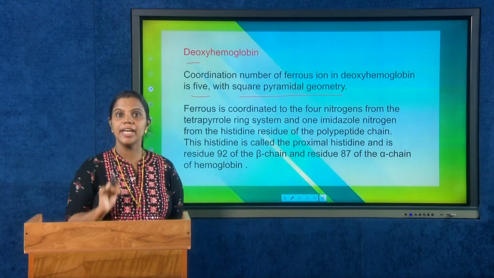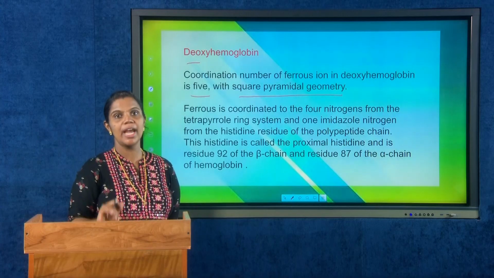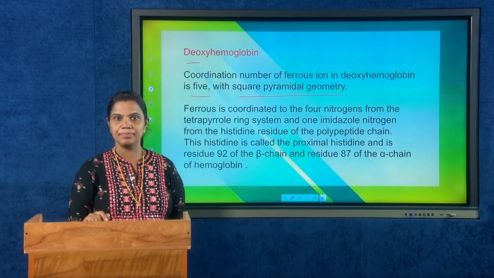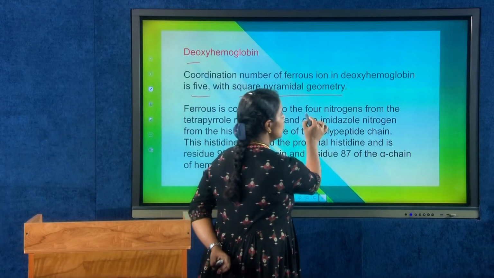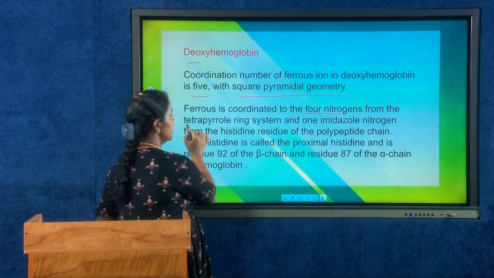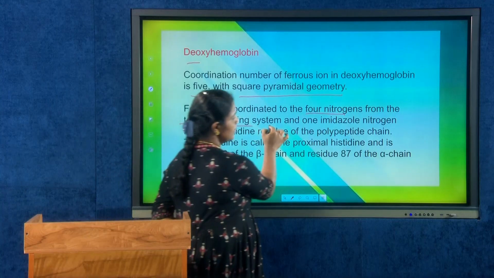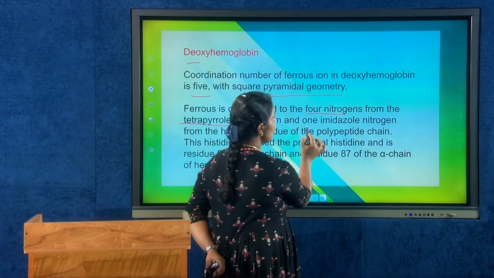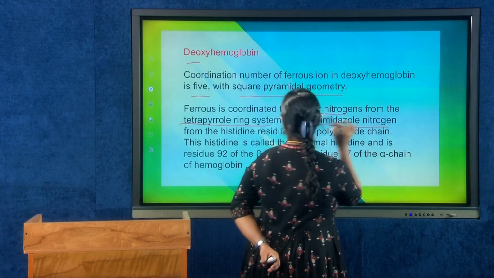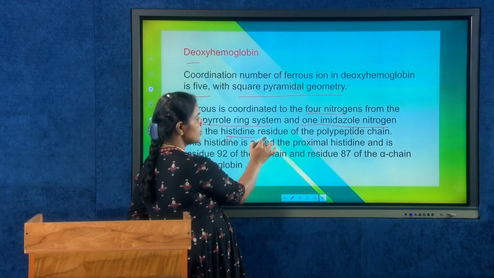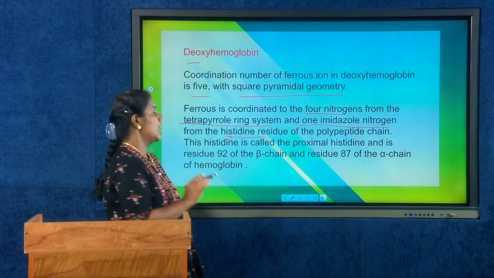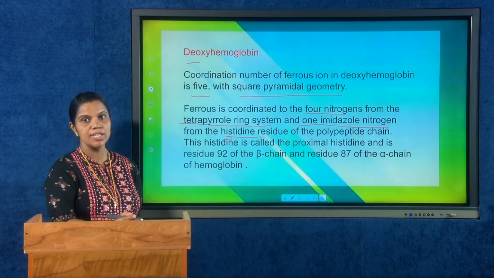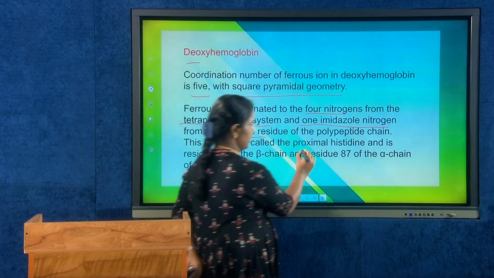We know that the ferrous ion is coordinated to 4 nitrogen atoms from the pyrrole ring system, and one imidazole nitrogen from the histidine residue that is connected to the polypeptide chain. This histidine is known as the proximal histidine.